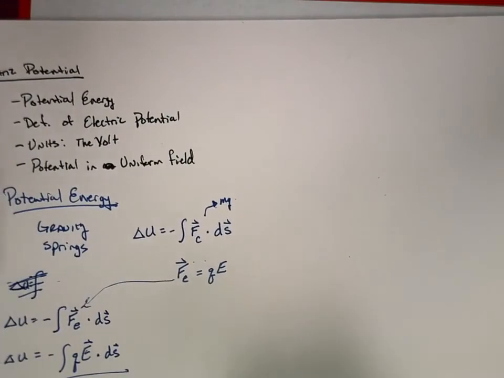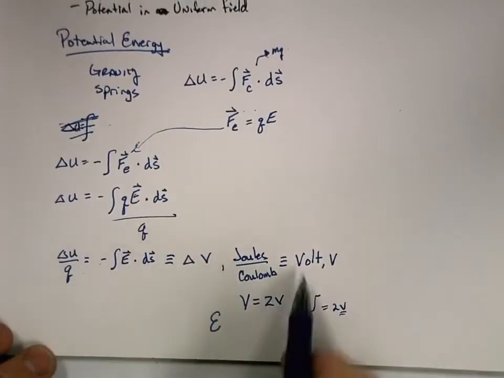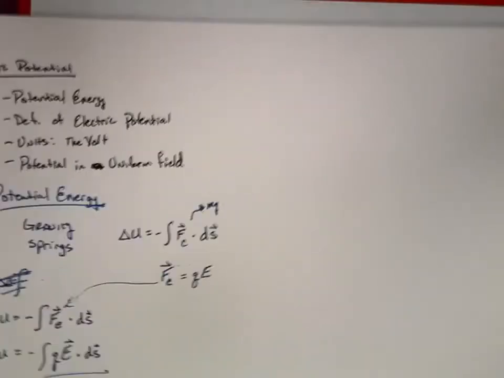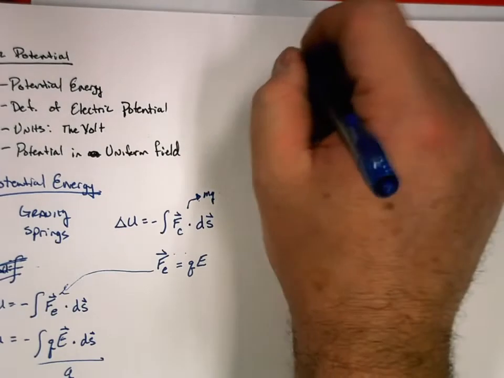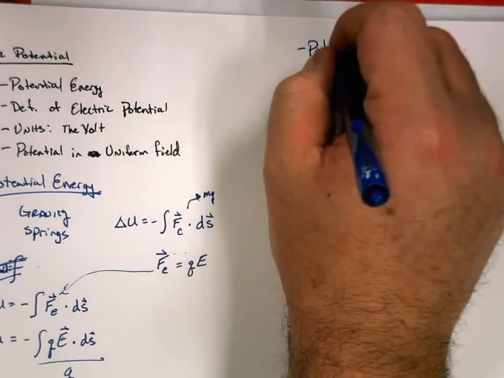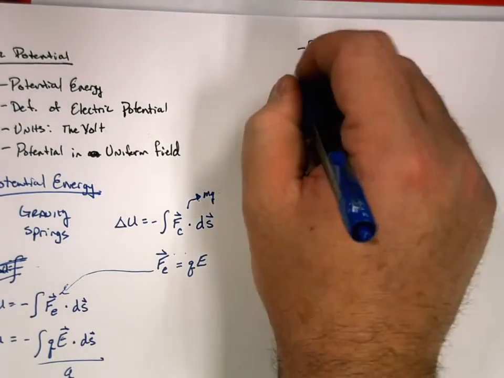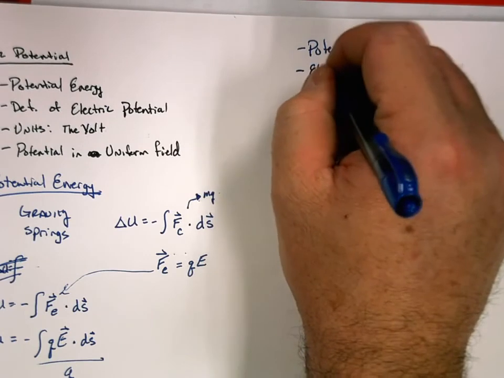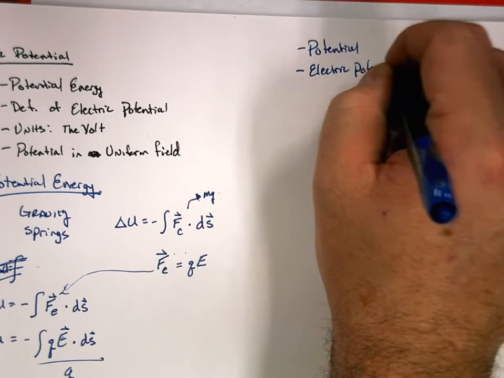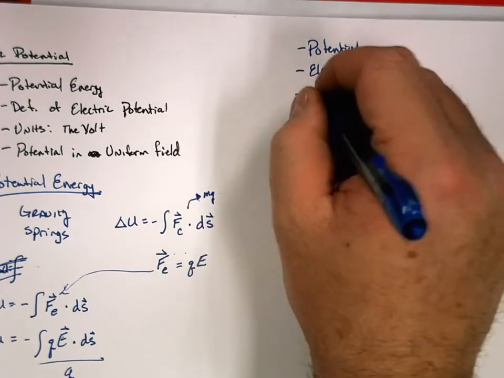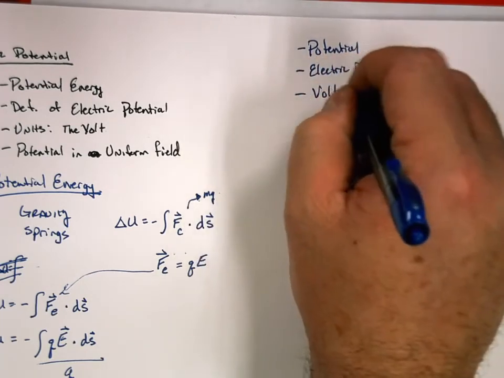Now, with this confusing part in mind, we have these terms here. New vocabulary. We have potential, we have electric potential, and we have voltage.